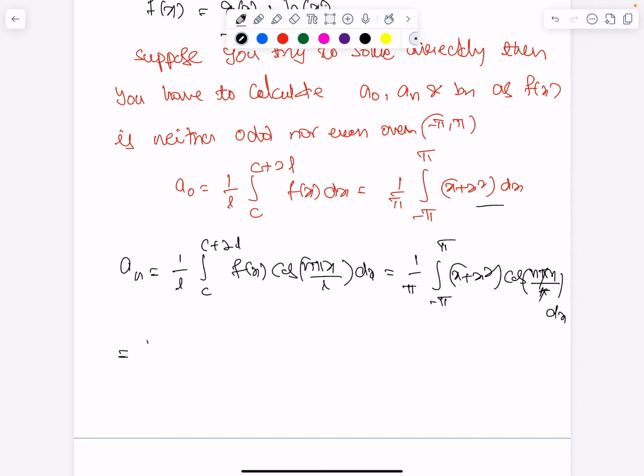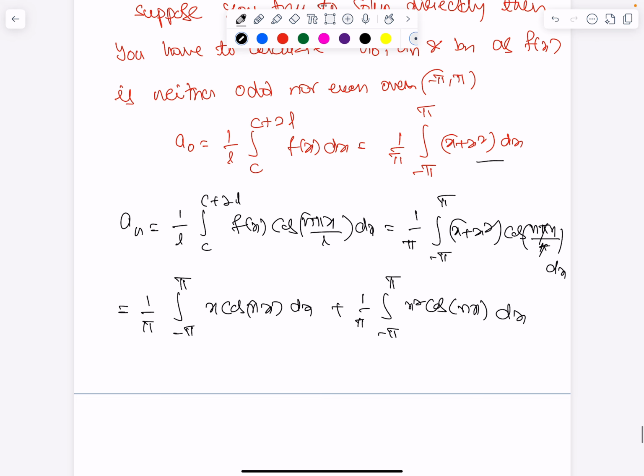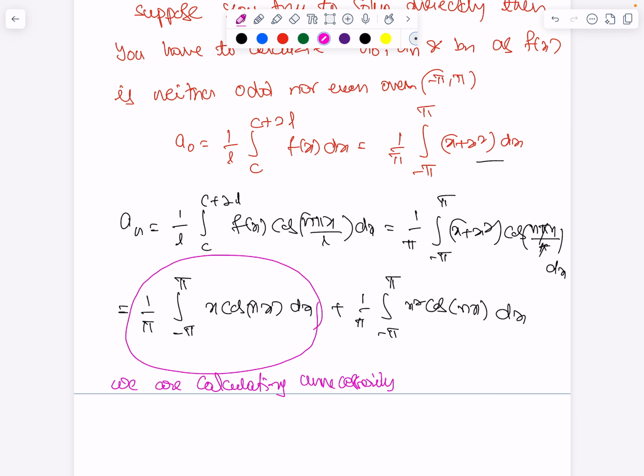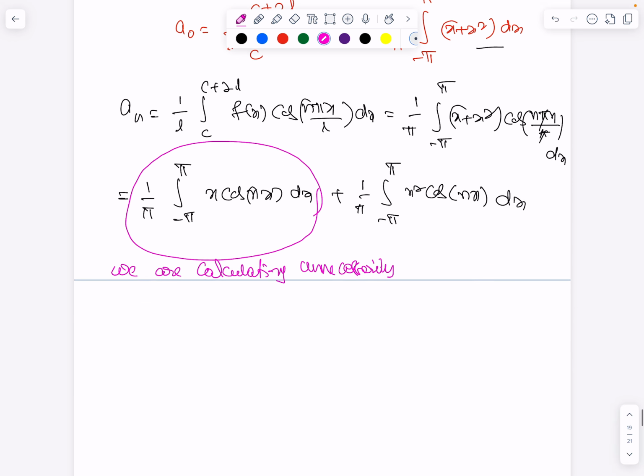This is equal to 1 by pi times the integral from minus pi to pi of x cos nx dx plus 1 by pi times the integral from minus pi to pi of x square cos nx dx. And this is the term which is going to be 0 and which you are calculating unnecessarily. Anyway, this is actually tedious. Unnecessarily we are increasing the length of the problem.